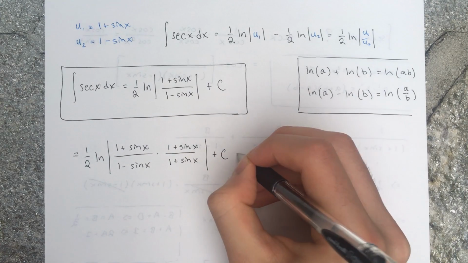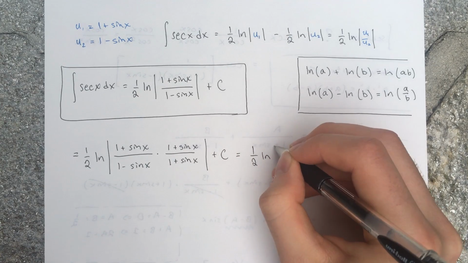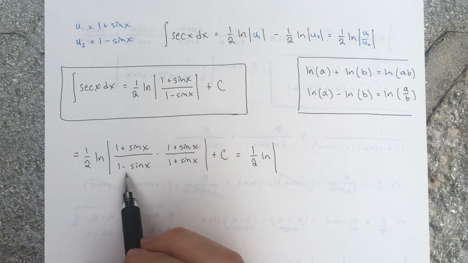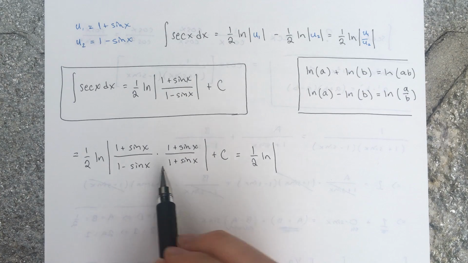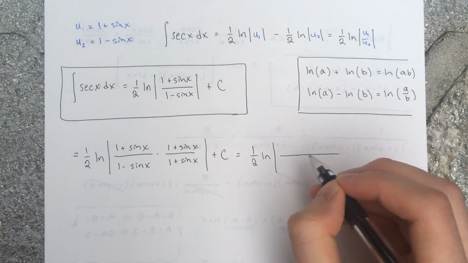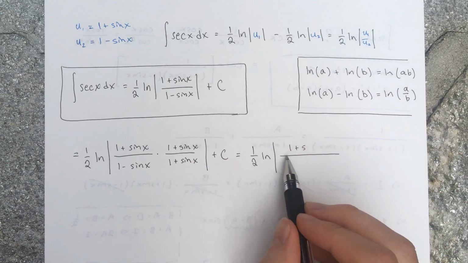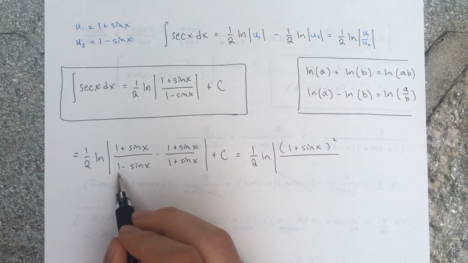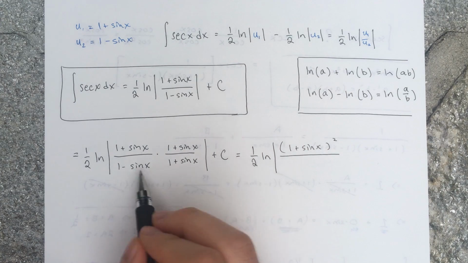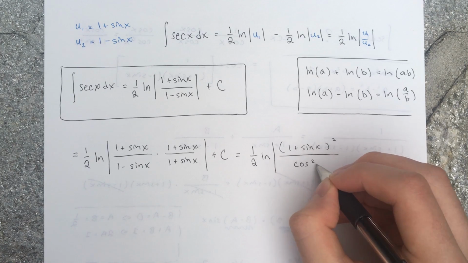Don't forget the plus c. And here we'll get 1 minus sine squared x. Here we'll get 1 plus sine x squared. And here we'll get 1 minus sine squared x. But remember, that's just cosine squared x. So we actually have cosine squared x.